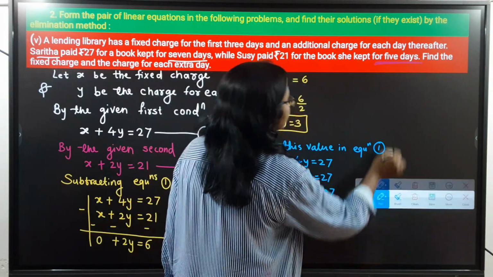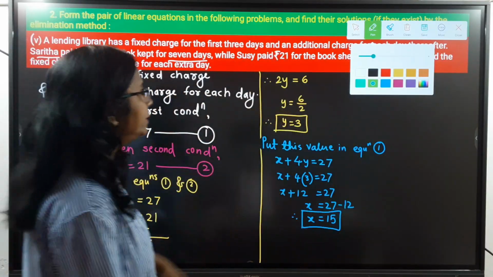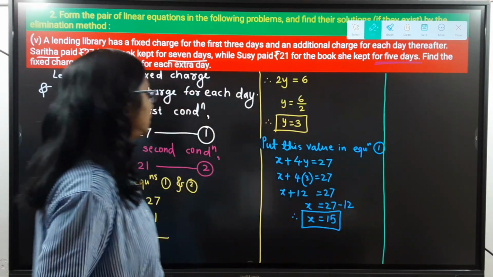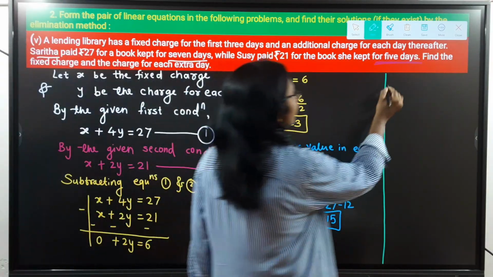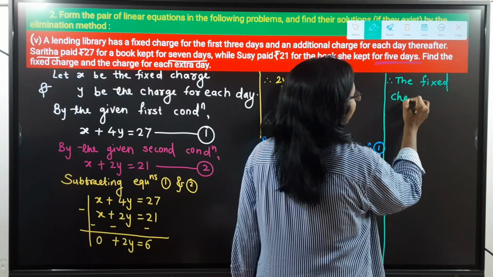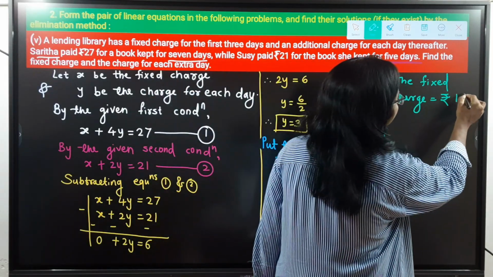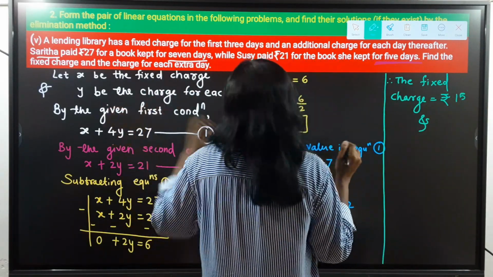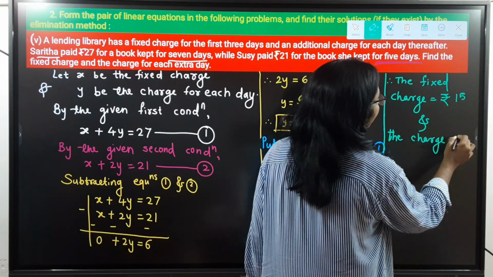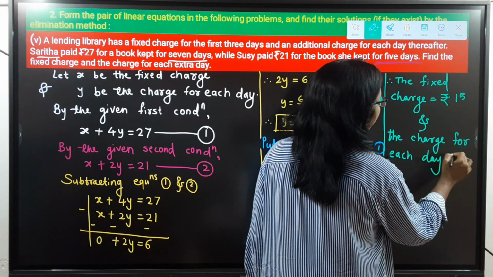And therefore, our final answer, students, is that the fixed charge is equal to rupees 15, and the charge for each extra day is equal to rupees 3.